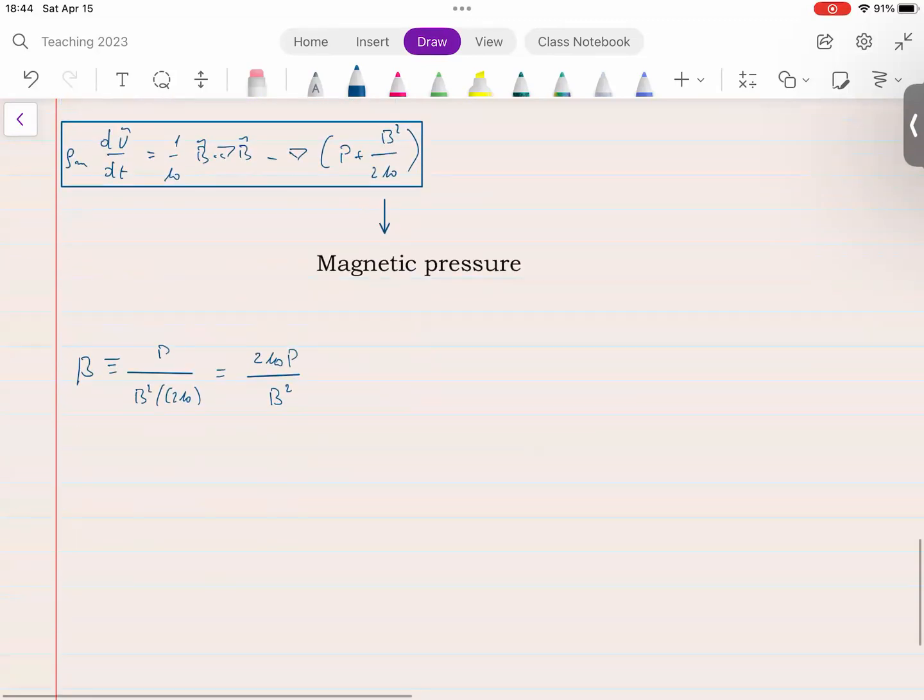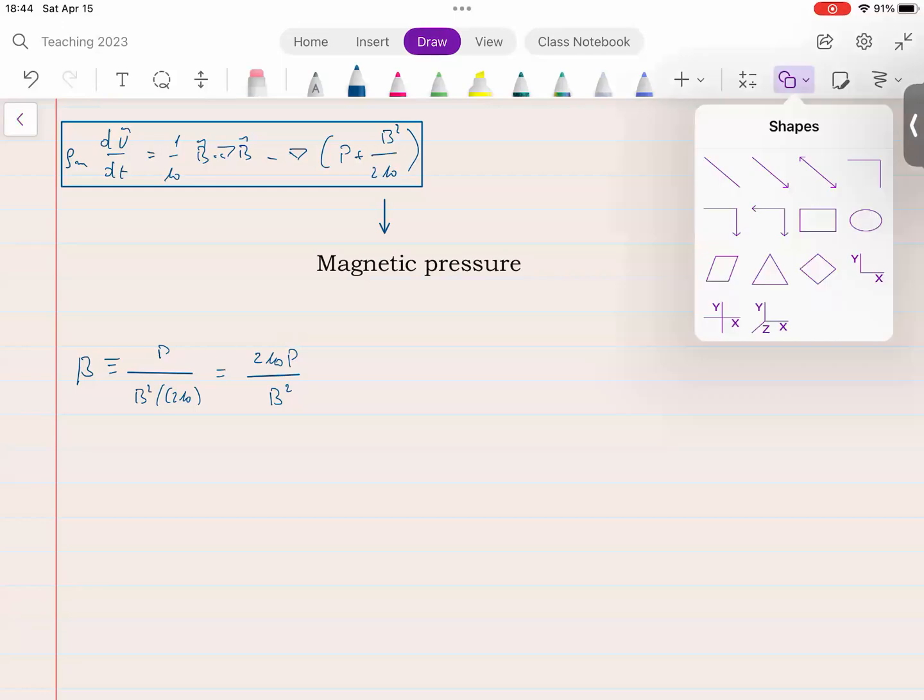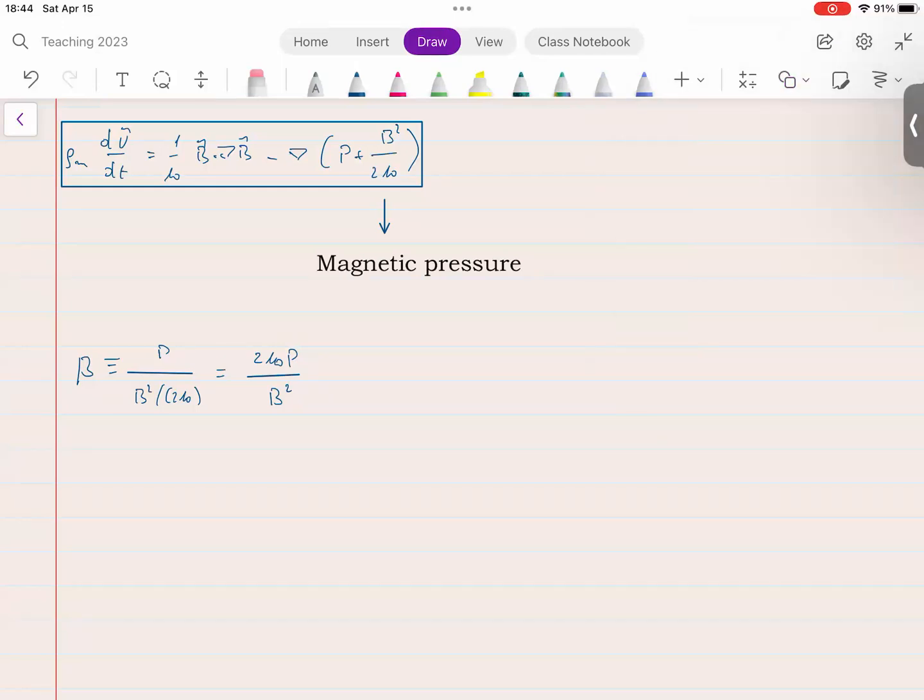And let me make it clear that this is the lowercase Greek letter beta. I don't know who named it that way and why and when, but everybody in plasma physics will recognize that quantity.